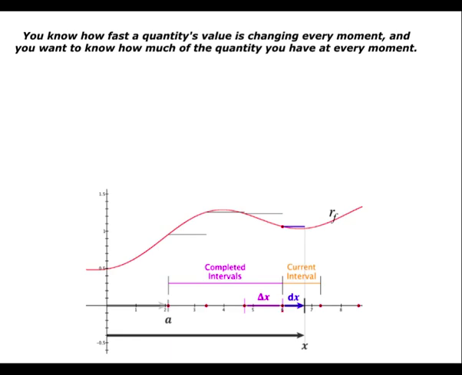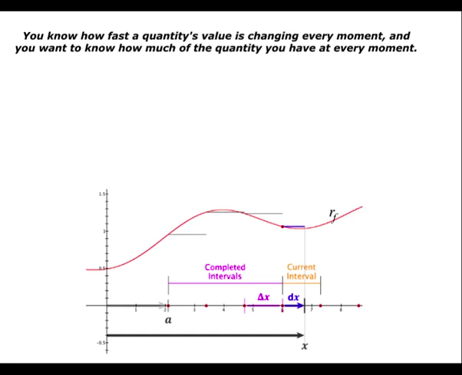What's our big picture? We know how fast the quantity's value is changing at every moment. It's not a constant rate of change at every moment. So how do we know the rate of change at every moment?